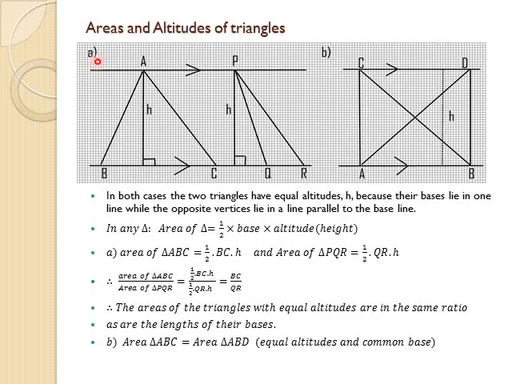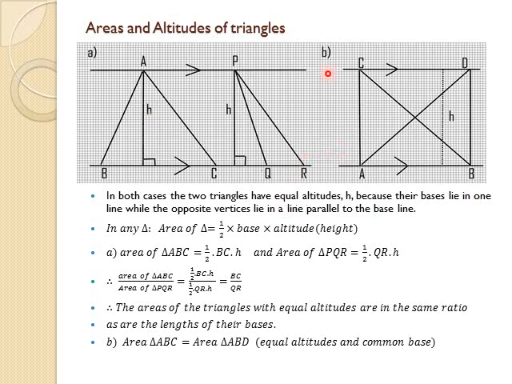Now we take areas and altitudes of triangles. There in A, I have a parallel line. In between, I have the triangle ABC drawn, and P, Q, R drawn. As you can see from A at the top to the bottom, I have H drawn, and from P down there I have H, and they both meet at 90 degrees to show that it's height.